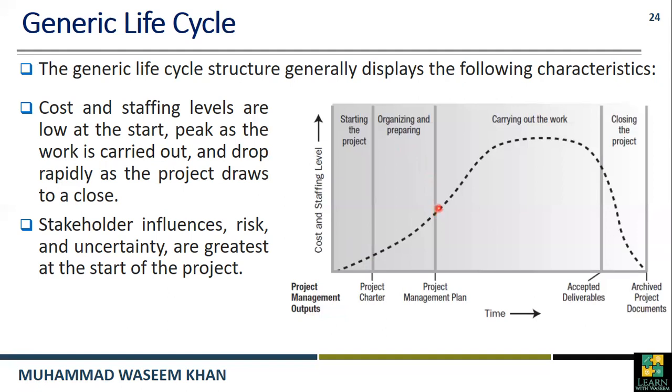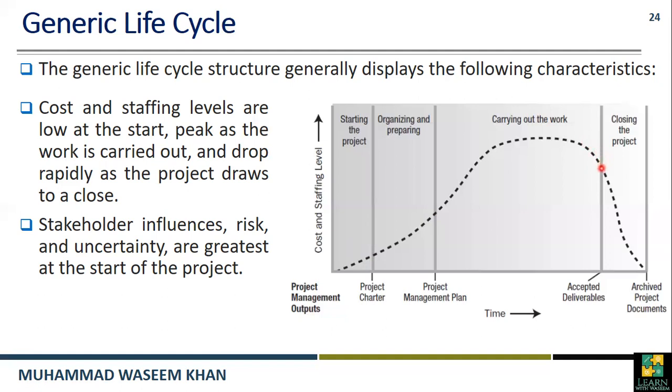So we are carrying out the project based on what we have planned, and we have the project management plan now. And when we reach here, that means at this point we are producing the product or service, or the outcome or results. And these results, outcomes or services are actually the objectives or goals of the project.